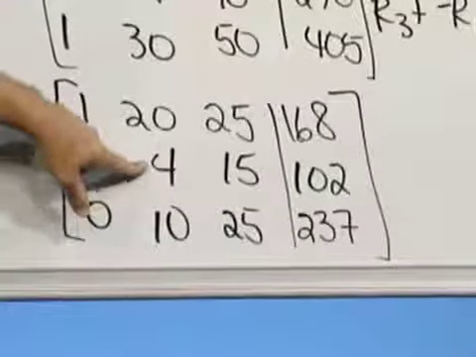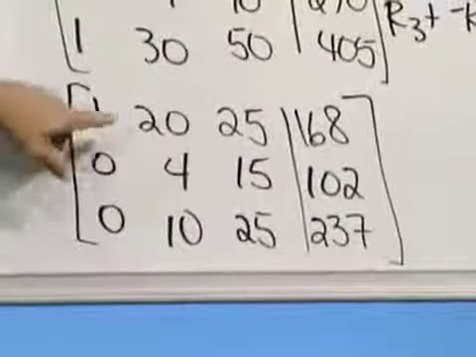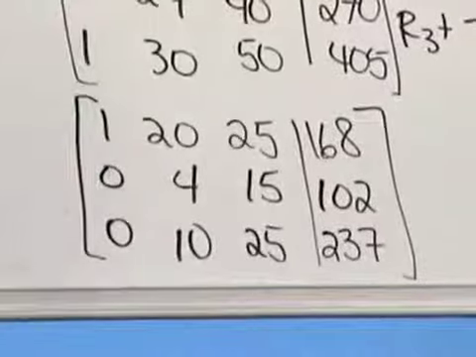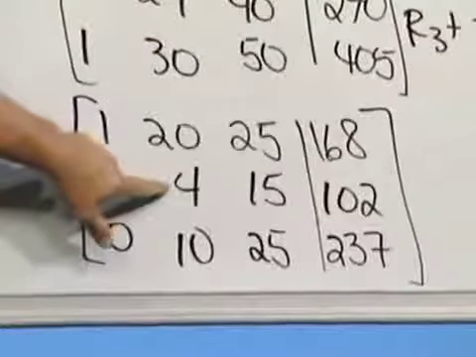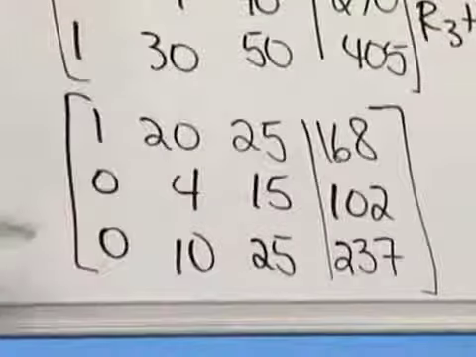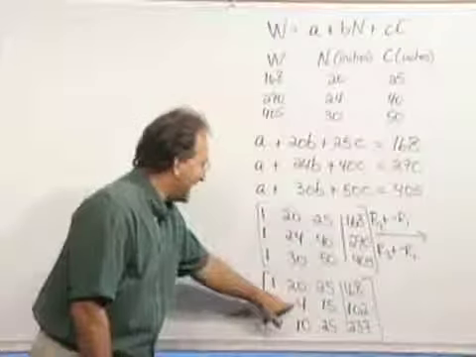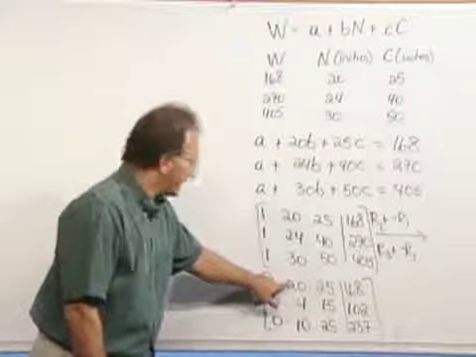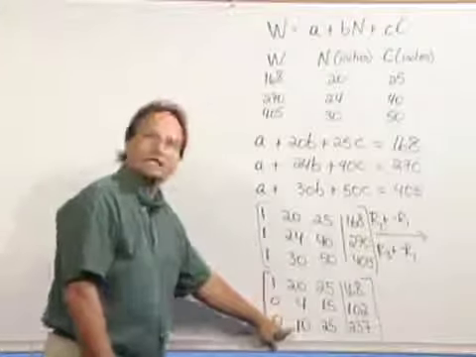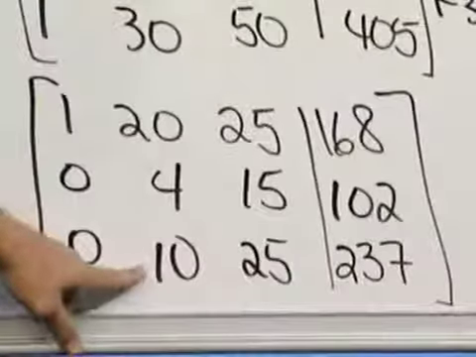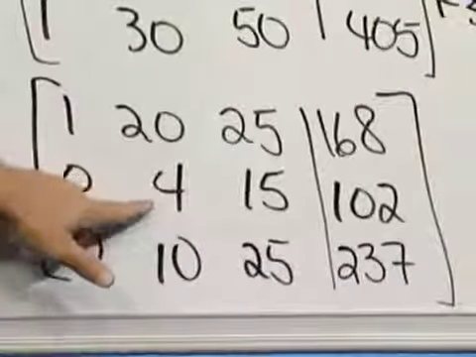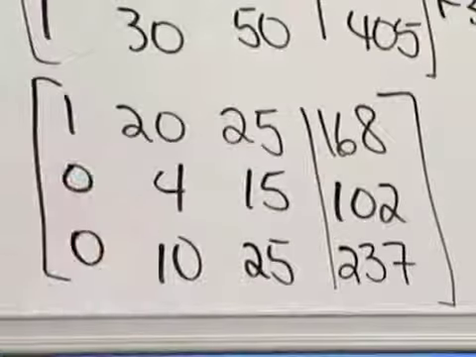Well, next what we'd like to do, of course, is create a 1 in this position and/or create zeros in this position. So what we can do, notice, is leaving this as a 4, we can take row 1 and add negative 5 times row 2. And that would create a 0 here. Similarly, we can create a 0 here by taking row number 3 and adding negative 2.5 times row number 2.